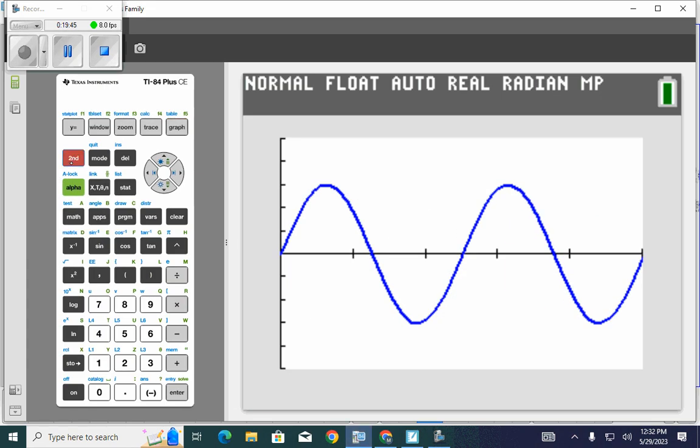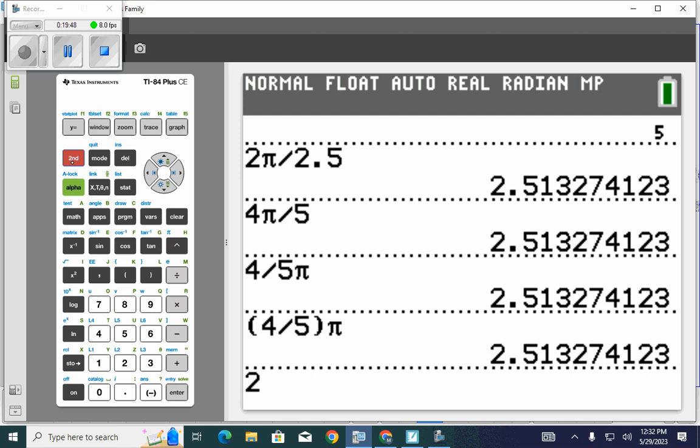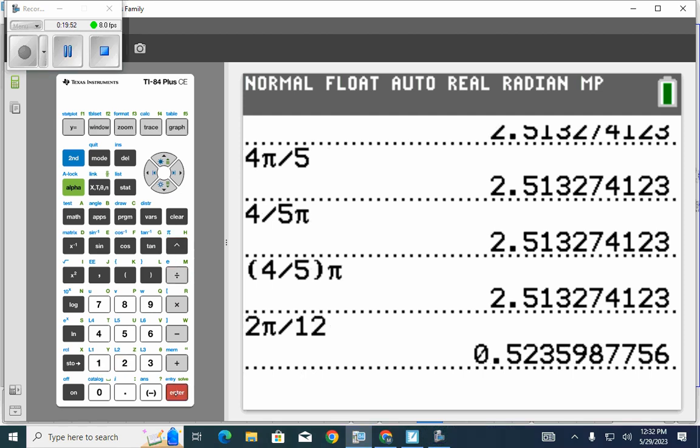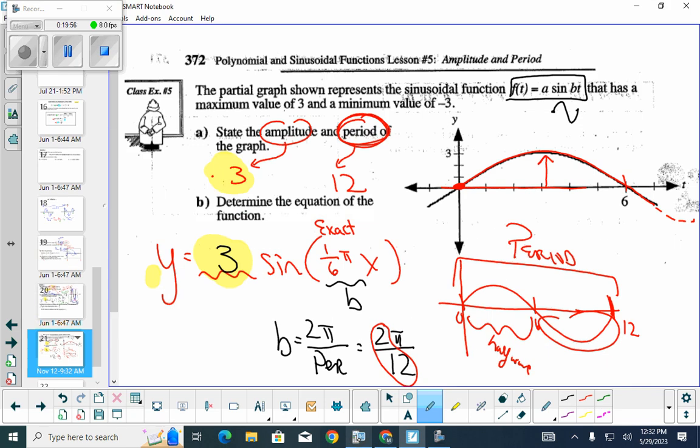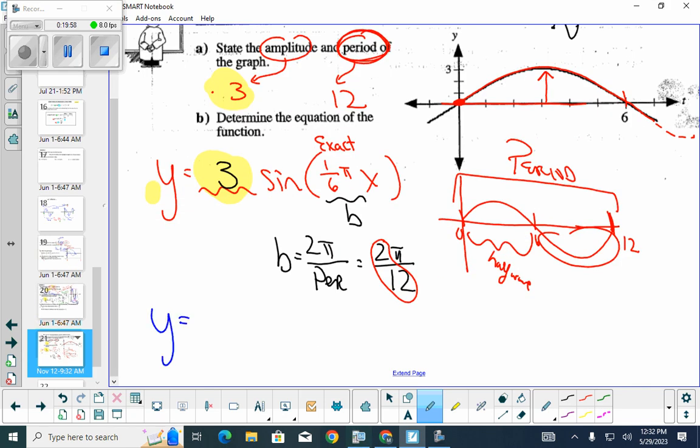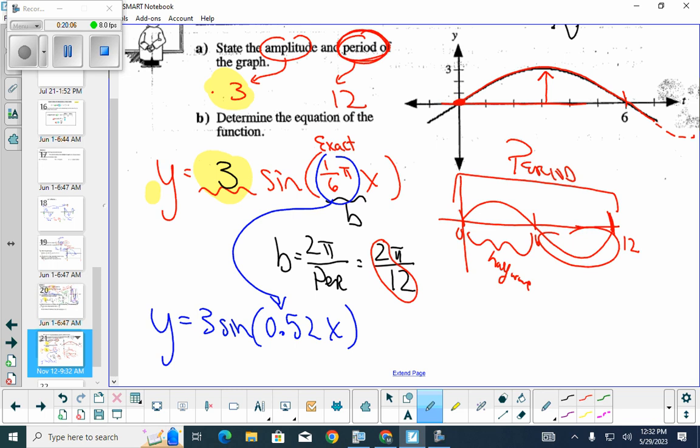So then you would go 2 pi divided by 12, and you get out 0.52. So then you would write the answer as... So you're just going to have to base it on what you see on the page. Okay.